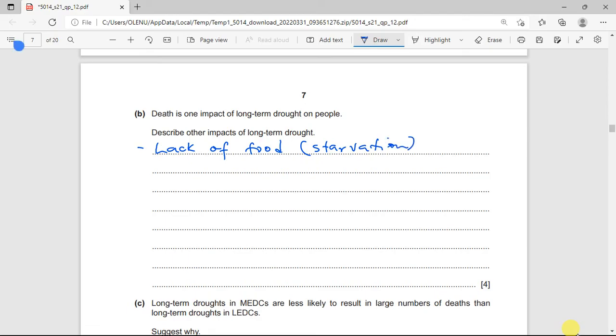Long-term drought will lead to lack of food, starvation, and reduction in farmers' income. Drought will also reduce water availability.